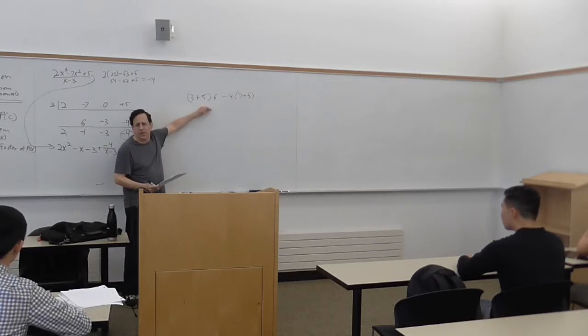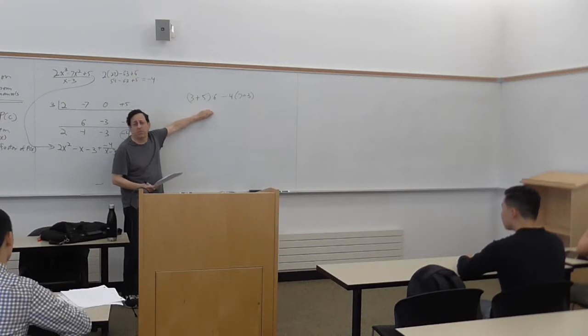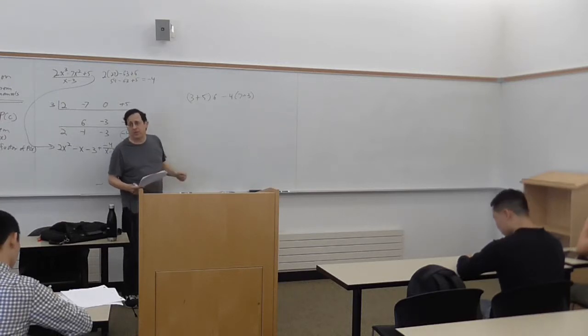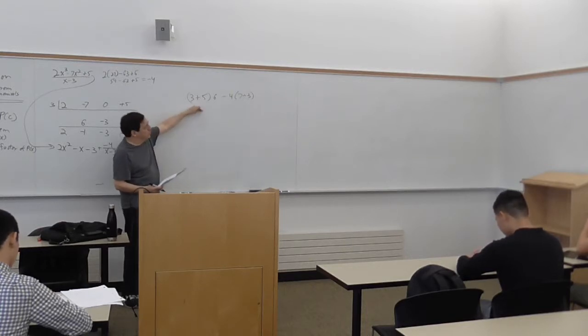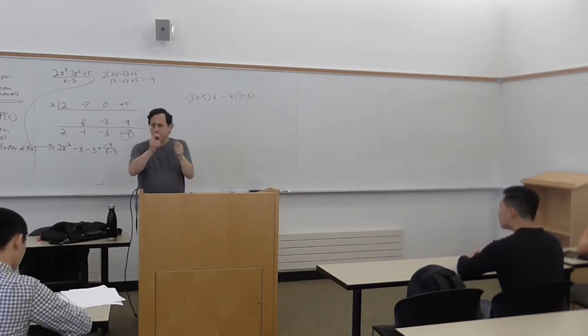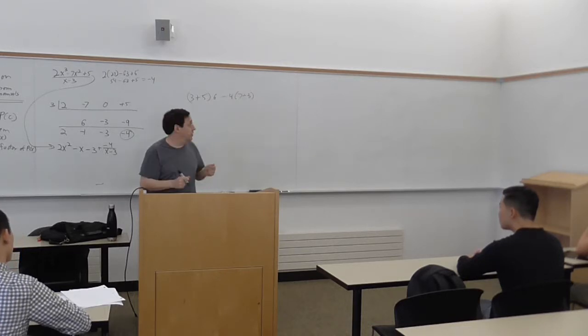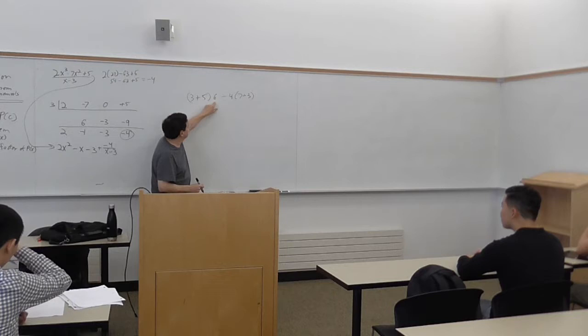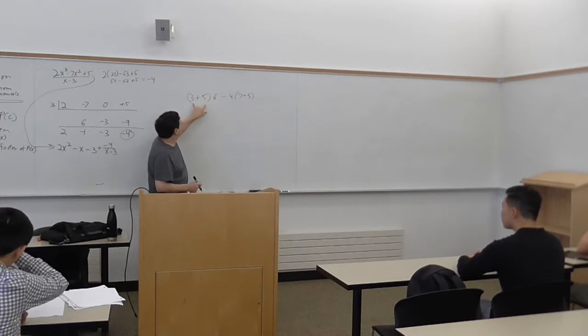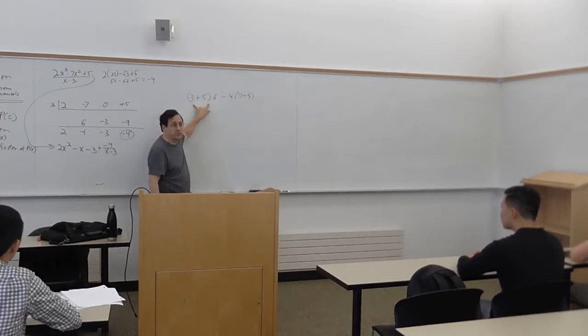Computers don't really understand what this means. Now, computer languages do understand what this means. But inside the computer, there's circuits, and there are instructions, right? There's an add instruction and a multiply. But there's no parentheses instruction.